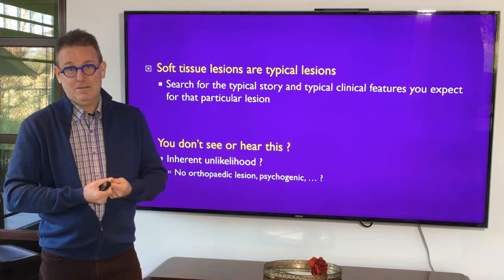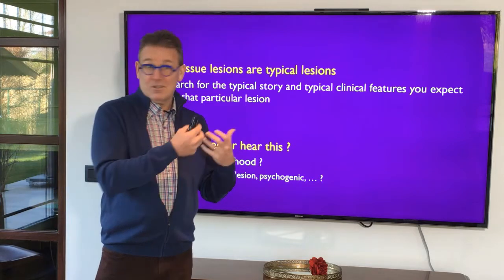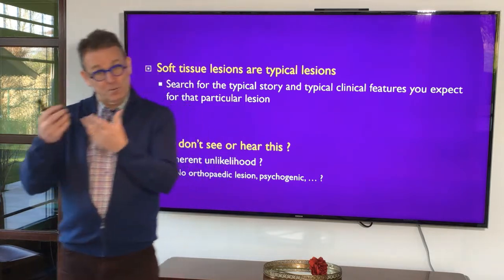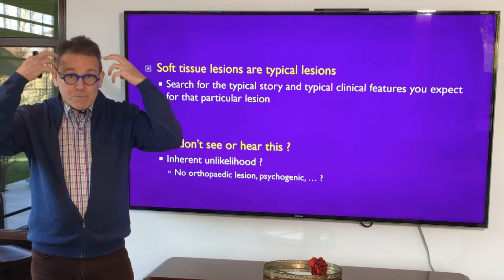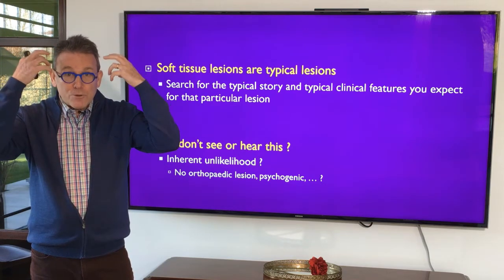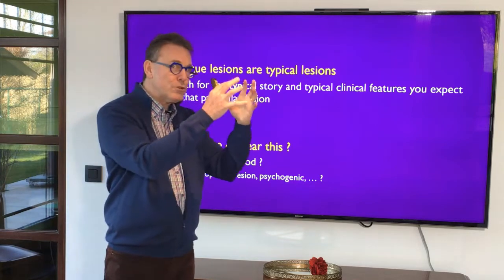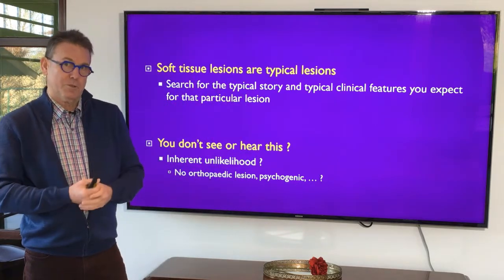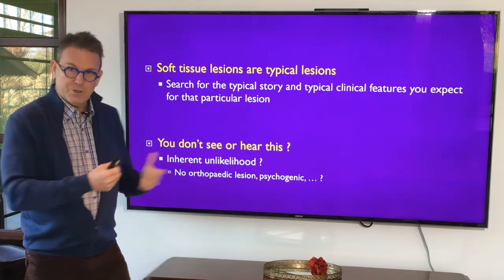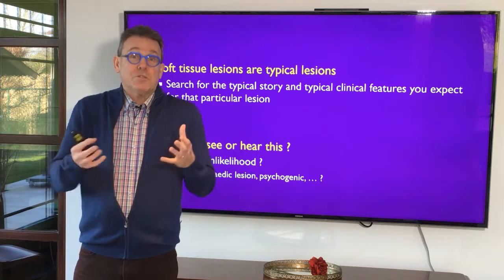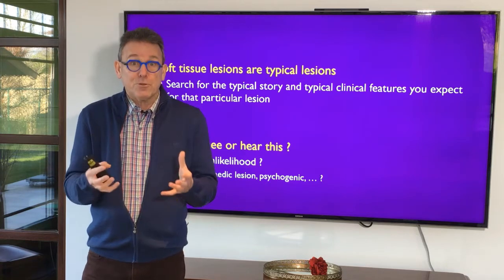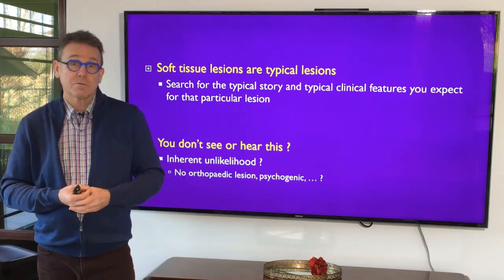A supraspinatus lesion has a different clinical image than a subscapularis problem. So in our head, we have an expectation pattern. We like to hear the typical stories, we like to see the typical images, which of course I'm going to discuss during some other films, that's logical, but this is the key factor during the live courses.